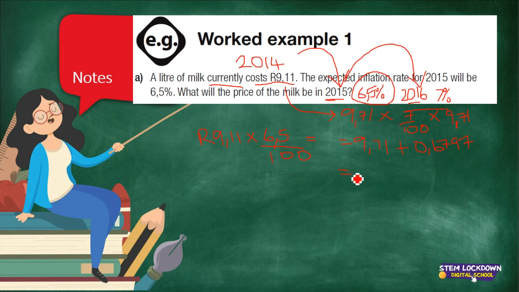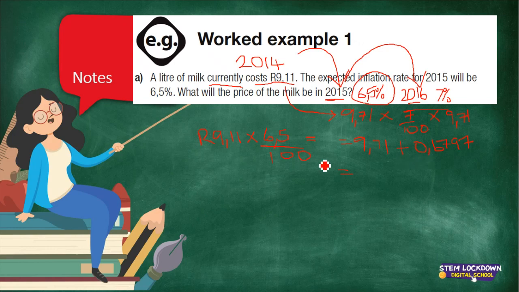Now let me add these 2 values, the figure for 2015 and the increase in 2016. So I'll have 9 Rand 71 plus 0.6797.